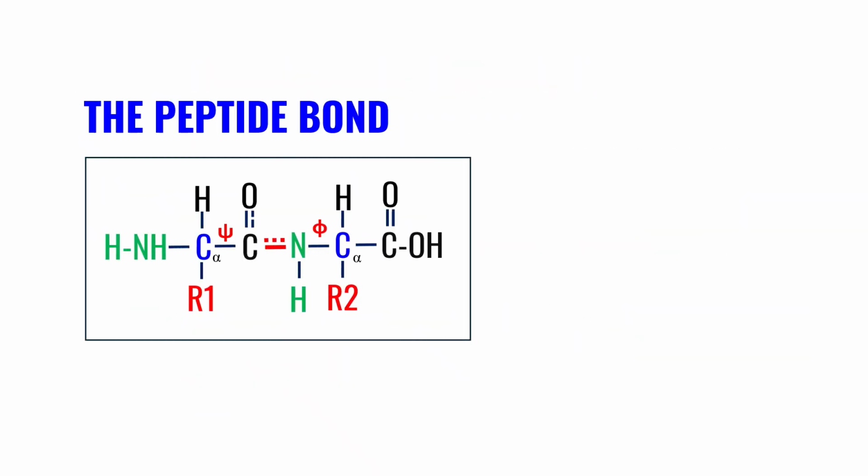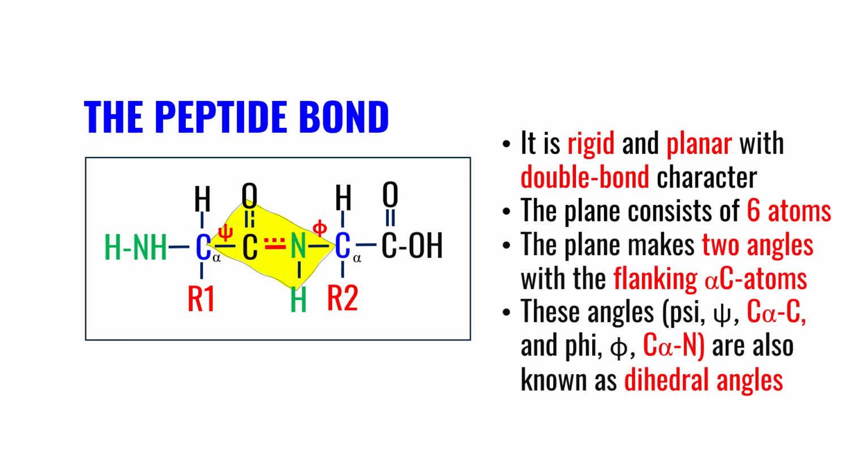So a peptide bond is a covalent bond, as you have seen in a single covalent bond, but because of the electronegative atoms in this bond, there is a dislocation of the electron cloud leading to the appearance of double bond character. Therefore, the peptide bond is rigid, planar, and has double bond character.